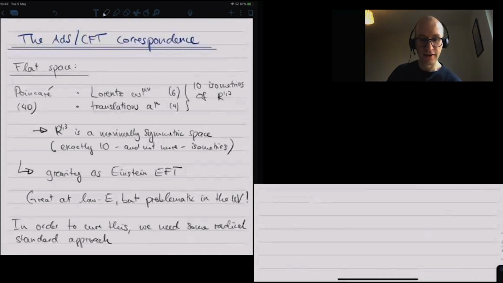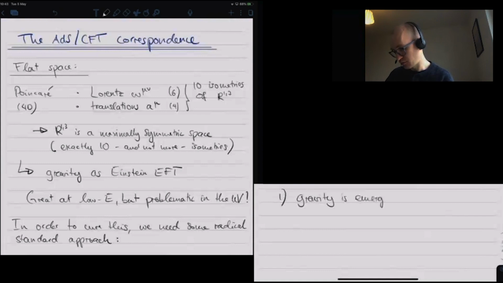The radical departure that we are going to implement is that, one, to say it with a bit of poetic license, gravity isn't really there. So gravity is actually emergent. And two, because we've had some very stringent constraints on emergent gravity, basically it doesn't really work on the basis of our symmetry principles, we also need to enhance the symmetry.